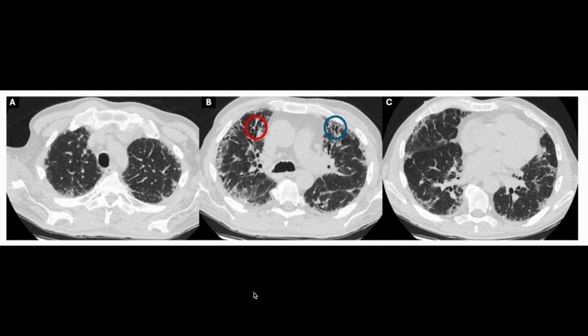So as you can see here, there is diffuse interstitial thickening, which is indicating fibrosis. This B here highlights traction bronchiectasis, shown here in the red circle, where the airways appear dilated due to the fibrotic tissue pulling the bronchial walls. It shows honeycombing in this blue circle, which is characterized by clustered cystic air spaces, a hallmark of advanced fibrosis.